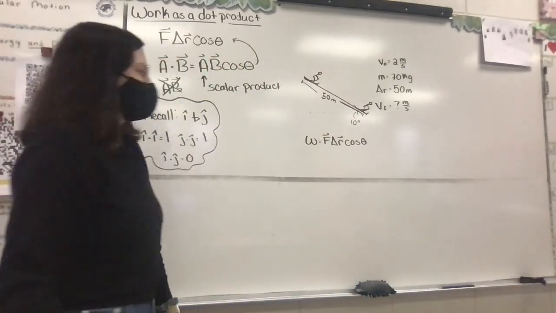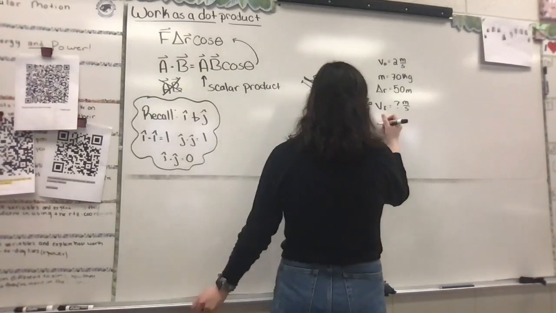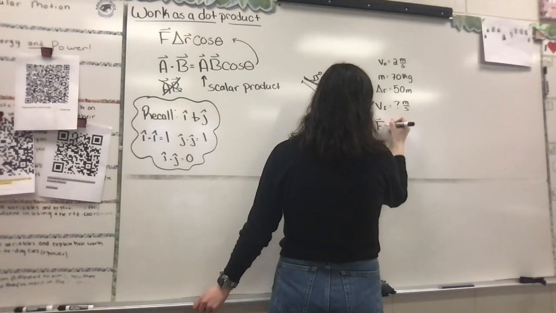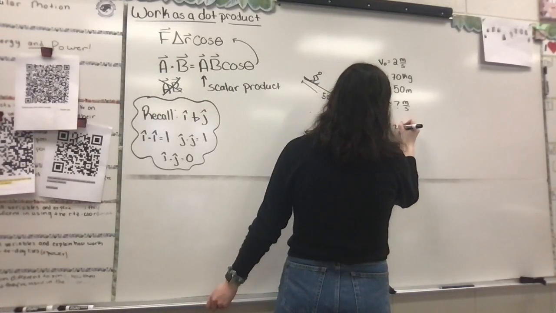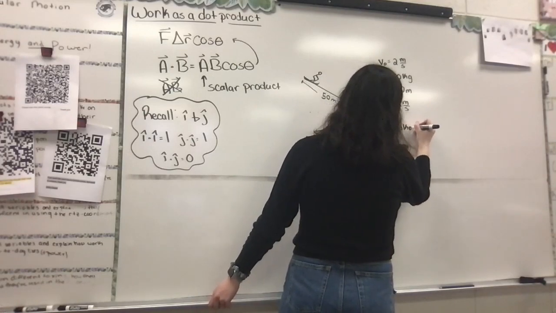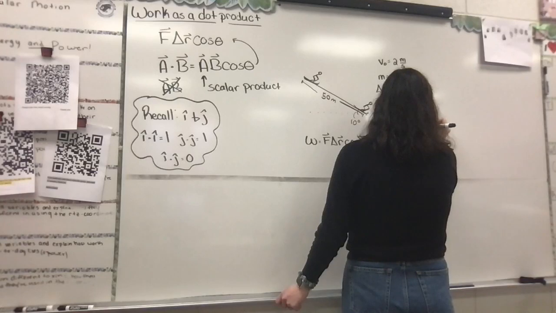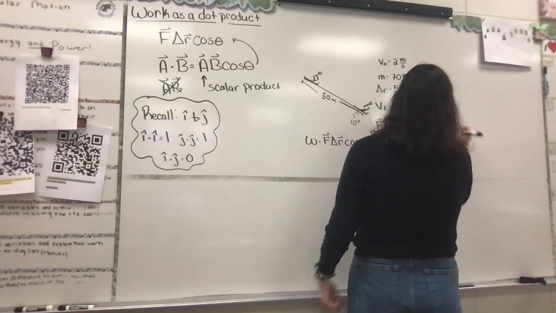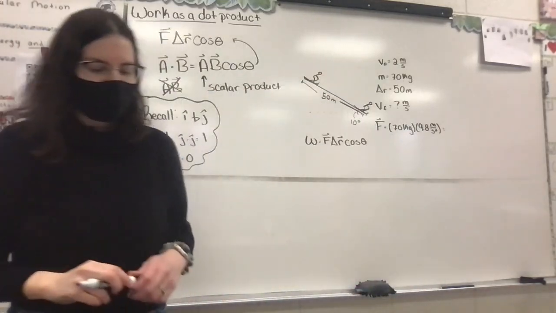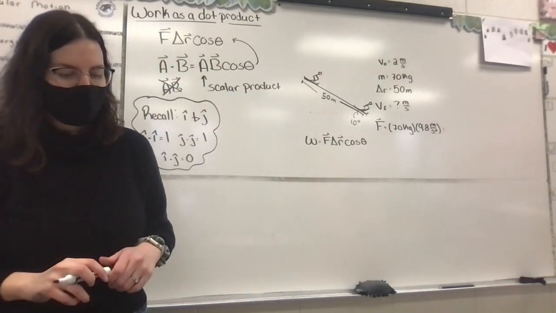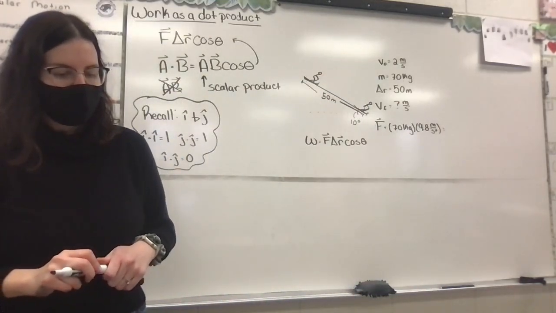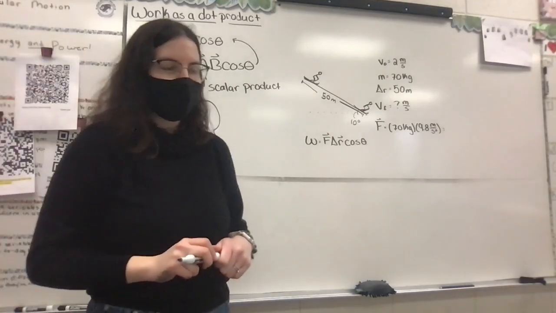Mass and acceleration. Yeah, mass times, what's our acceleration? Gravity. Okay. So we'll say mass of 70 kilograms times 9.8. So can somebody tell me what the force we're experiencing here is? 686 newtons. Yes.